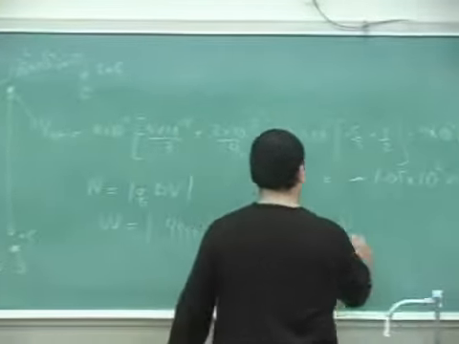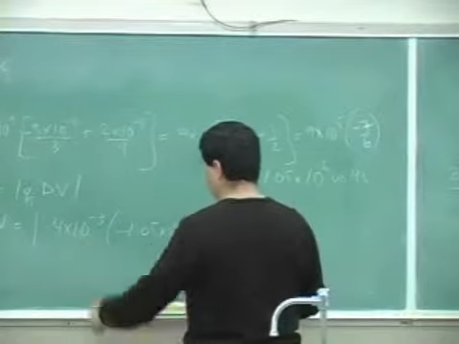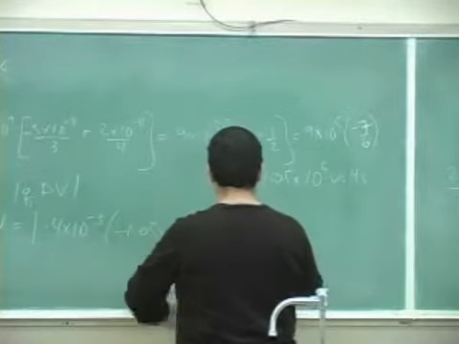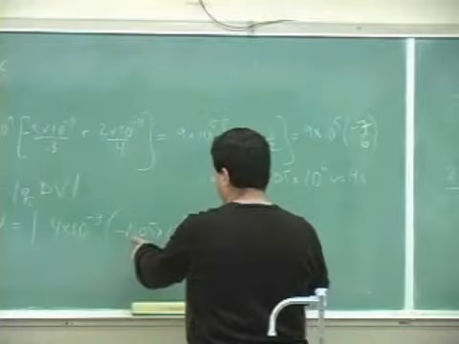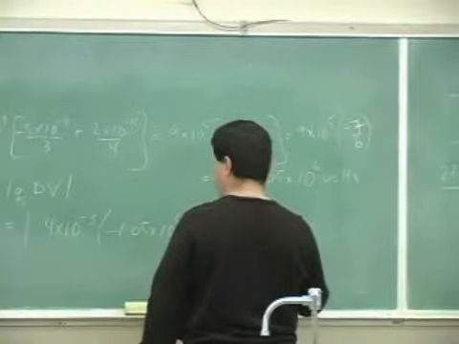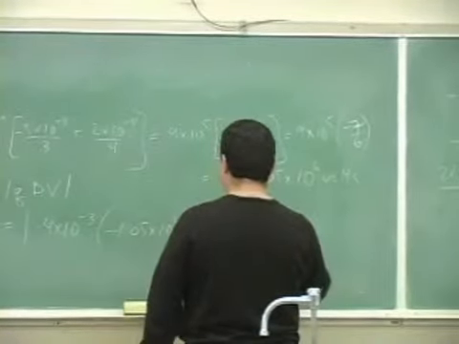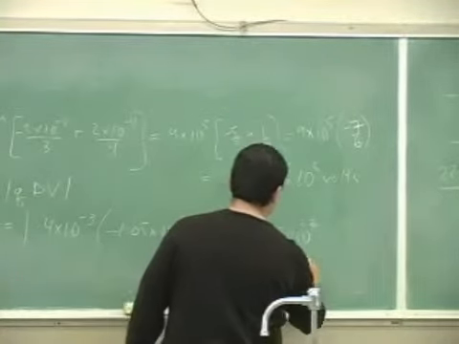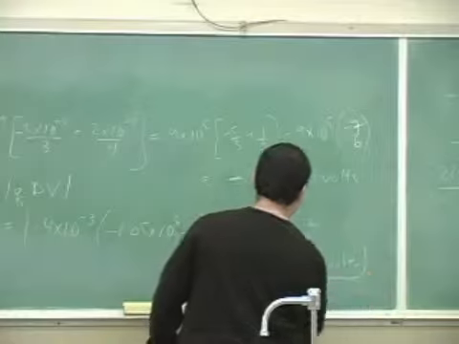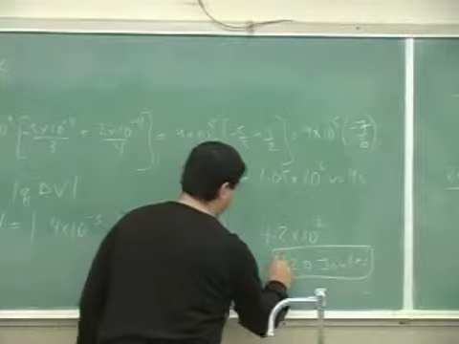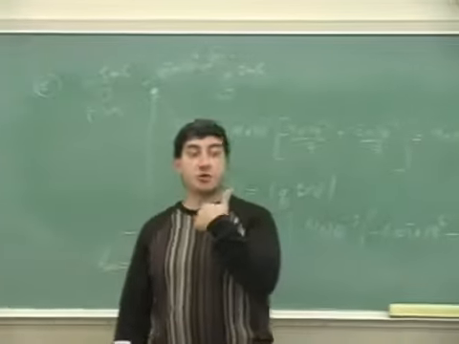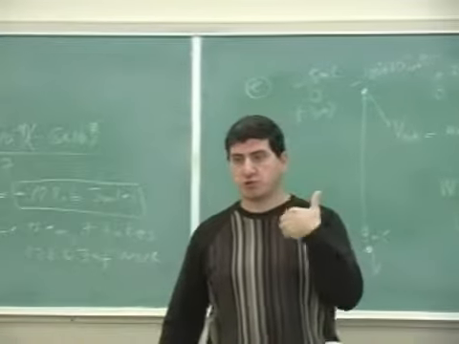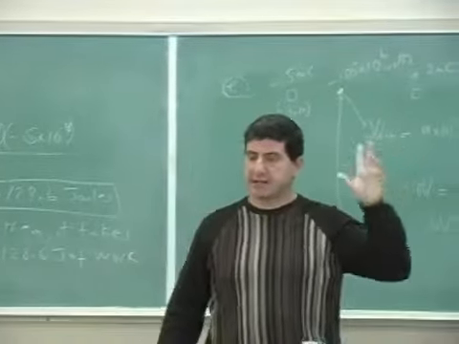So then it's going to be 4 times 10 to the minus 4, and this is 4.2 times 10 to the second, right? So 420 joules. That's the answer. So I'm going to have to do 420 joules of work to make it come there at a constant velocity.